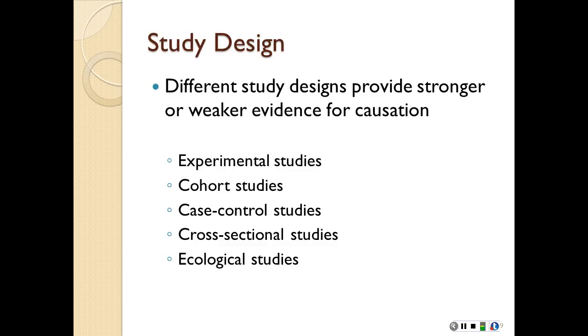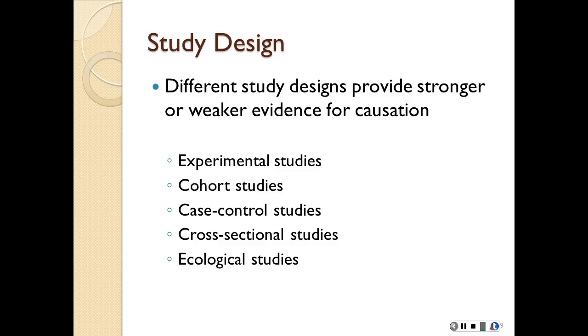Cohort studies are the next strongest study design, mainly because cohort studies still allow us to establish the temporal sequence of events. Case control studies are next in line. They're more susceptible to certain types of biases, and they don't allow us to establish the temporal sequence. And then we have cross-sectional and ecological studies.